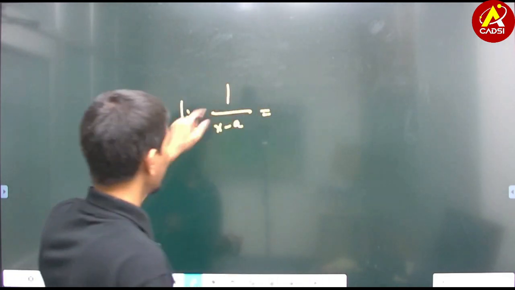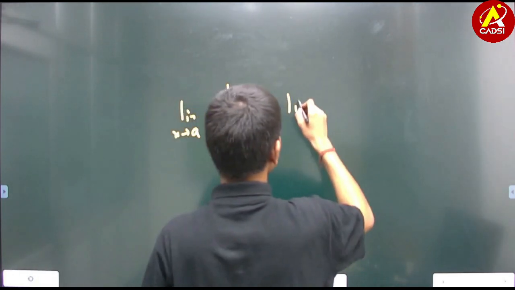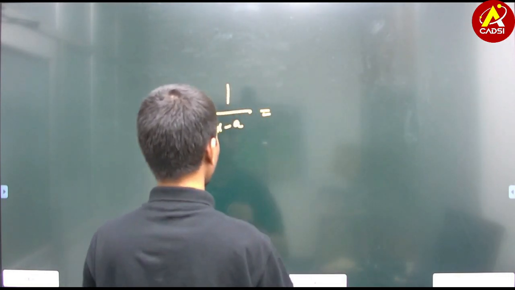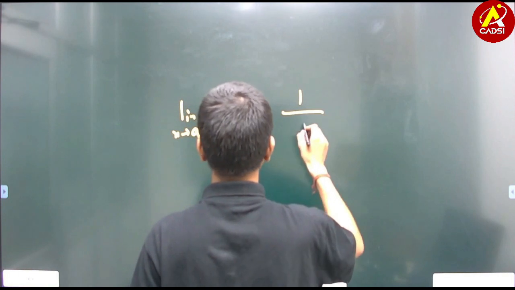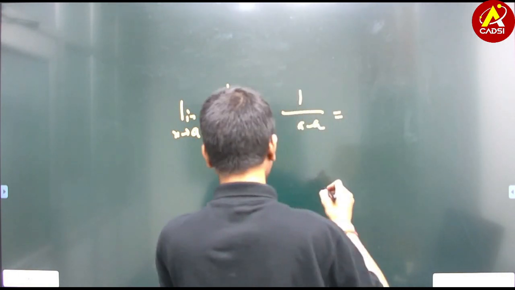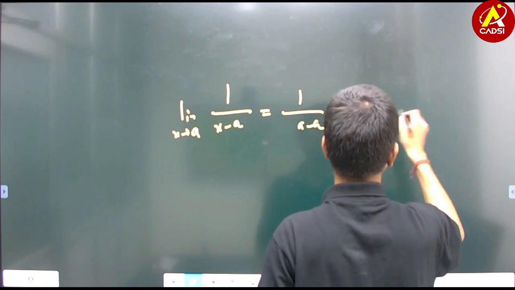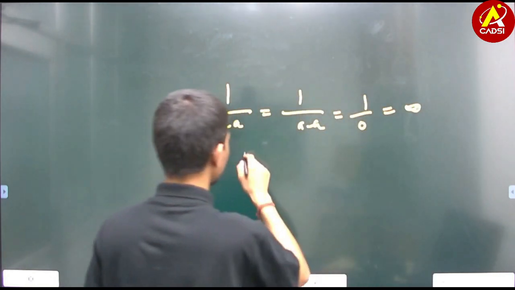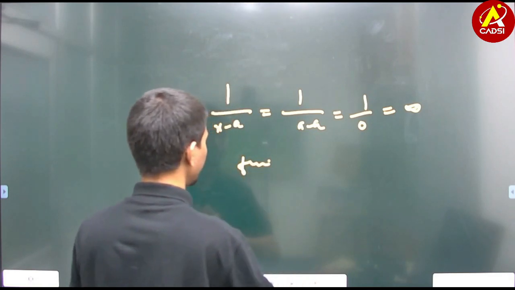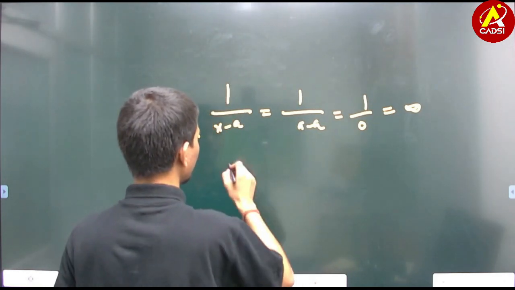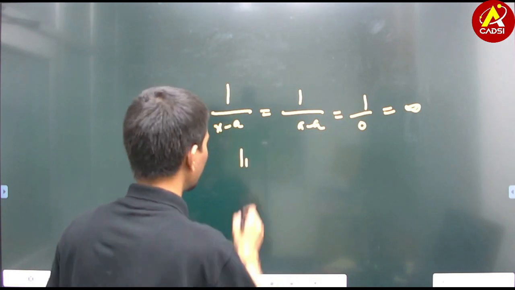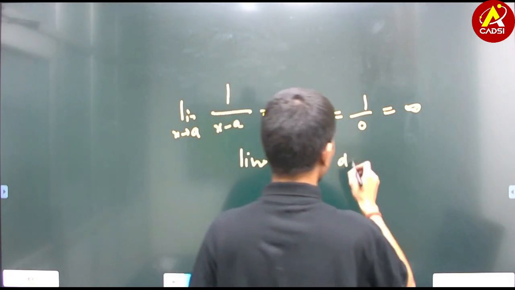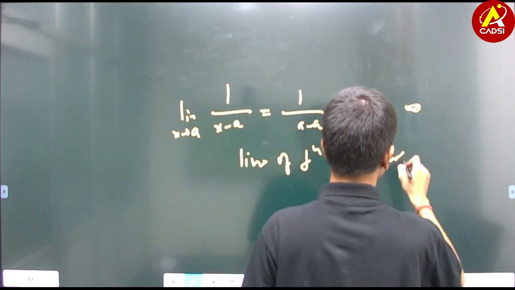Then x tending to a gives 1 upon (a minus a), which is 1 upon 0, that is infinity. Infinity means that the limit of the function does not exist.